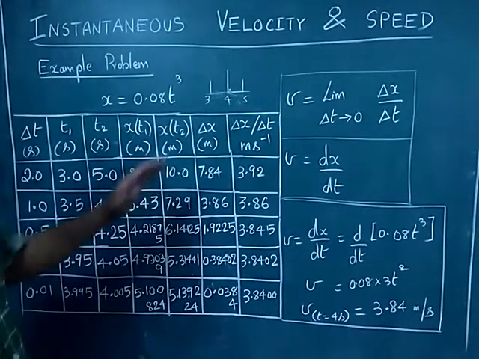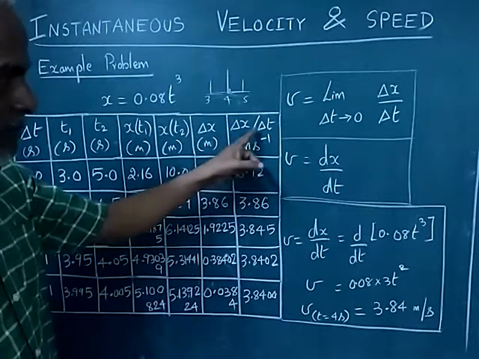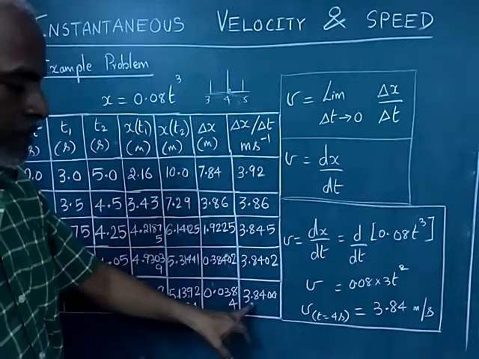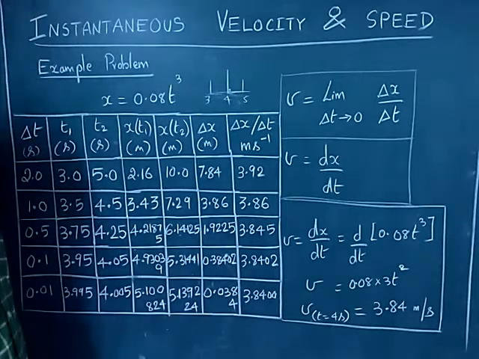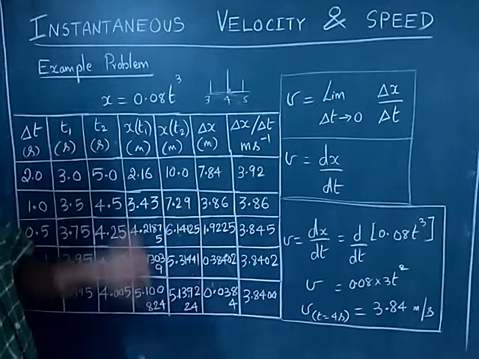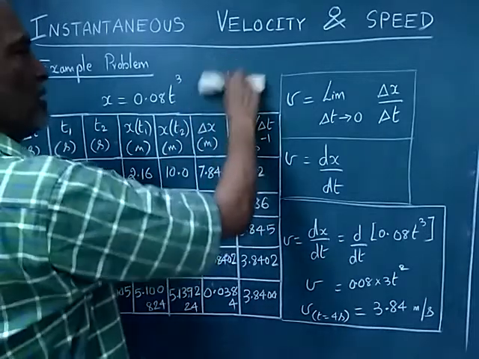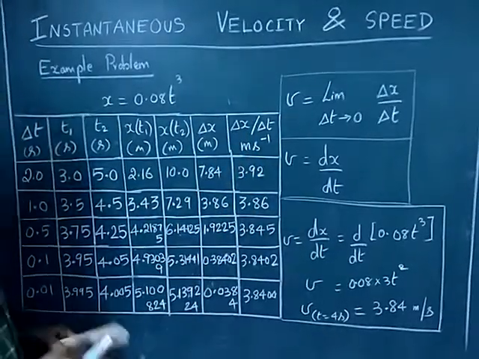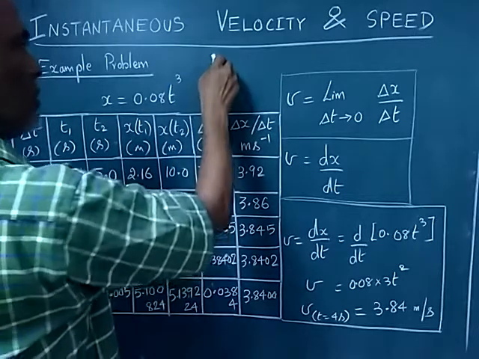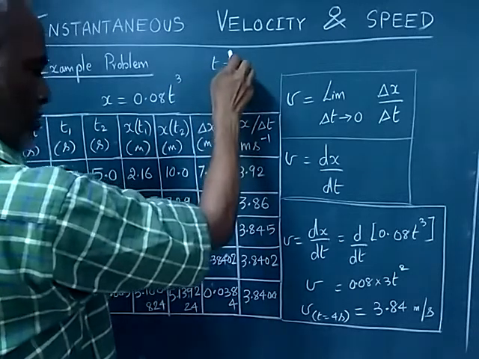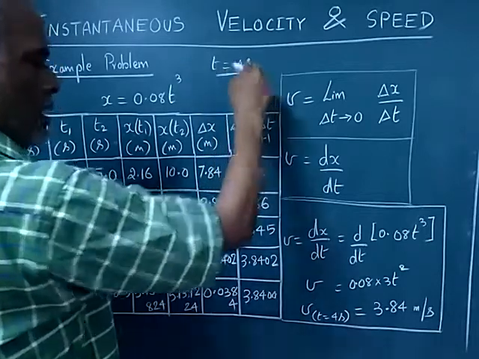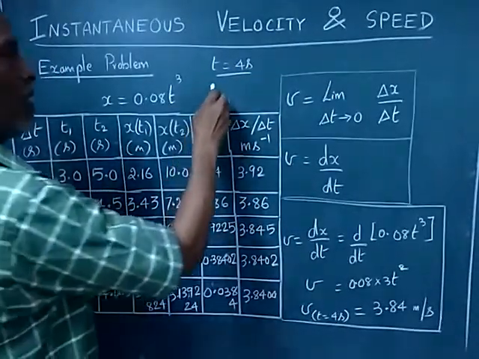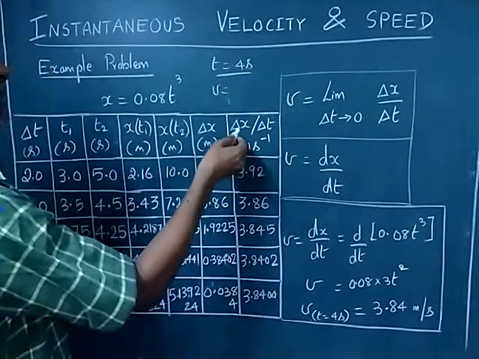Okay. Now if you see the velocity, del x by del t means velocity 3.84. Okay. So that's the velocity at t is equal to 4 seconds. That's the answer for this. So at t equal to 4 seconds, the velocity is what?